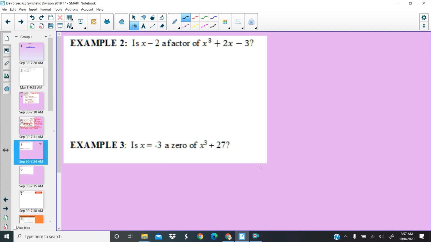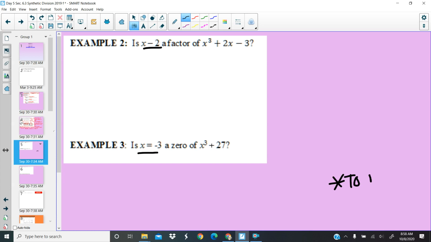Okay, so then we're going to do a couple more examples here. So we want to know if x minus 2 is a factor of x cubed plus 2x minus 3. So one thing that I want to make a note of really quick is for the factor that you're given or for the 0 that you're given, for that to be a factor or 0 of the equation, the remainder needs to be a 0.